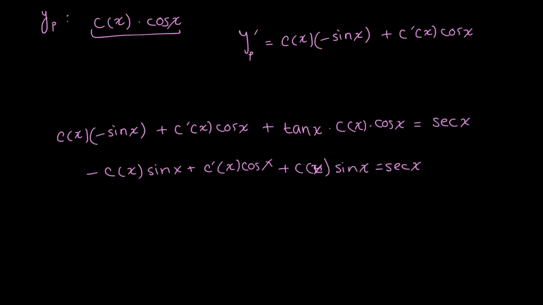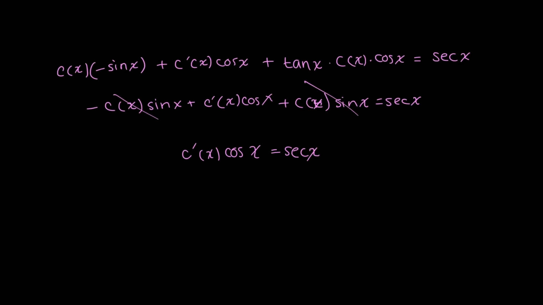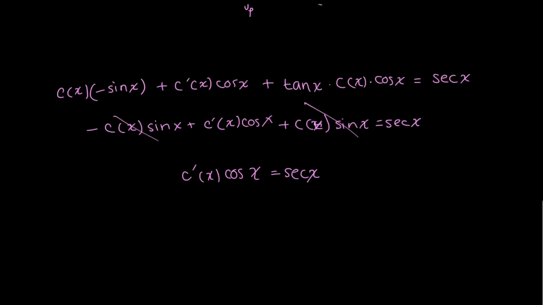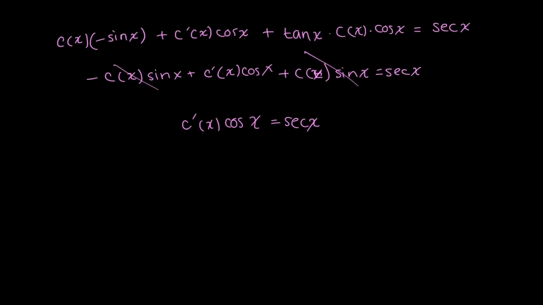Now I can see that my negative c of x sine x cancels with my plus c of x sine x. So my left-hand side is just c prime of x cosine x is equal to secant x. Now I need to find my c of x by isolating c prime.